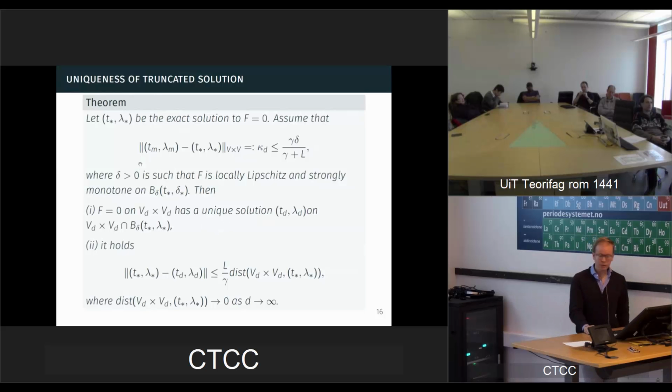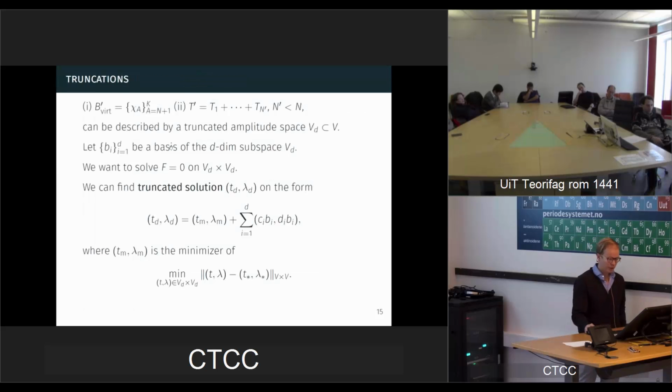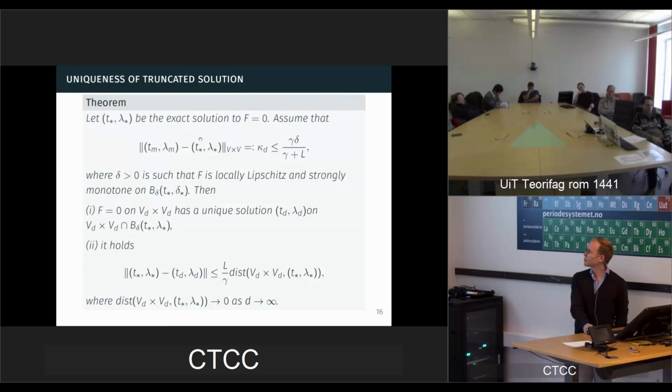Okay, and then we have this theorem. So if the distance between the truncated space and the exact solution is sufficiently small, measured in this way, so this is the distance to the closest point between the exact solution and the truncated space, if that's less or equal to this, where gamma is the monotonicity constant, L is the Lipschitz constant of this extended coupled cluster function F, and delta is some radius for which we have this Lipschitz and monotonicity on a ball with that radius around the exact solution.